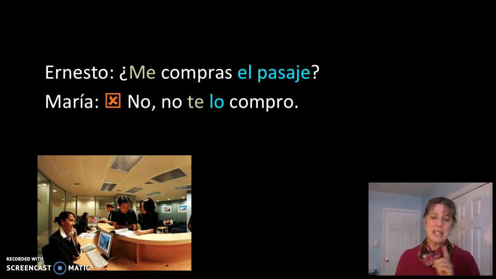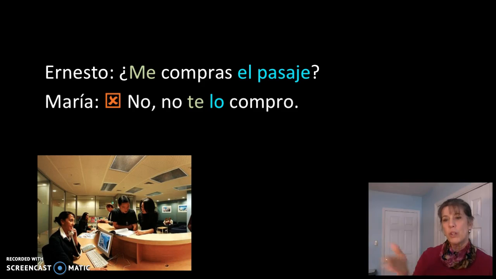In this case, because it's an interpersonal conversation and Ernesto and Maria are talking to one another, the compras in the question, will you buy, in the answer comes out as, no, I won't buy. So the subject of the verb changes. Will you buy a ticket? No, I won't buy the ticket. The second thing that changes is that indirect object pronoun. Ernesto is saying, will you buy me?